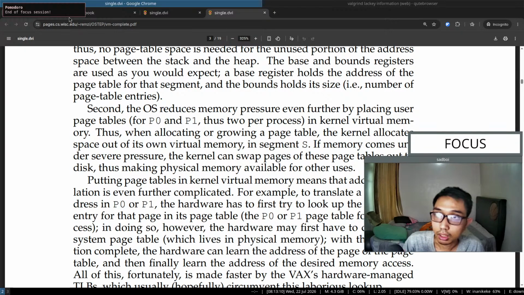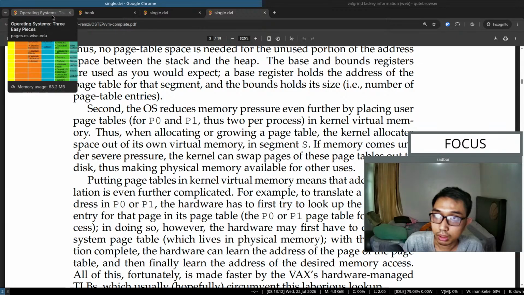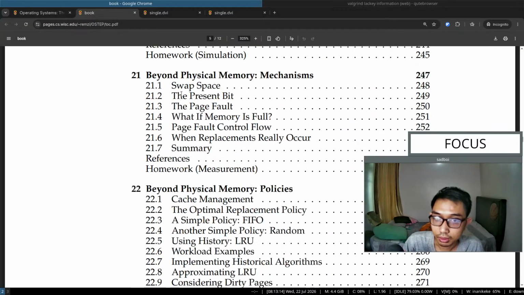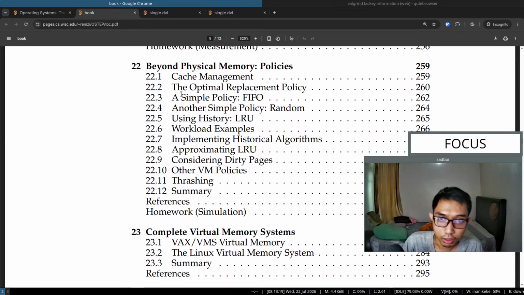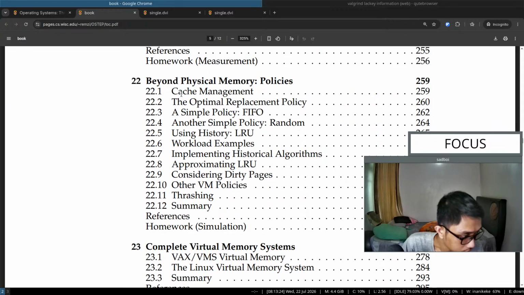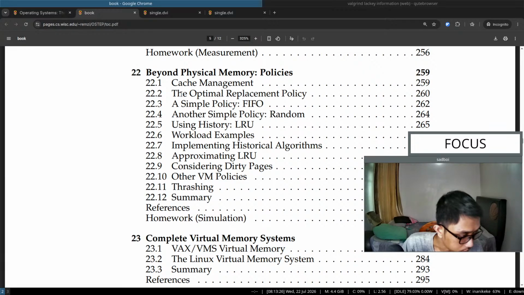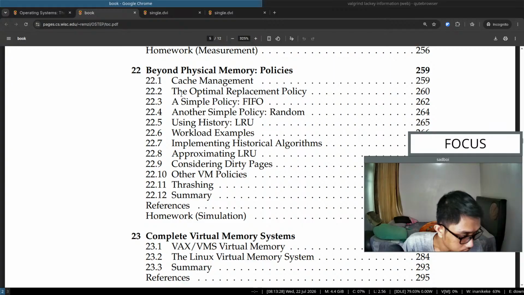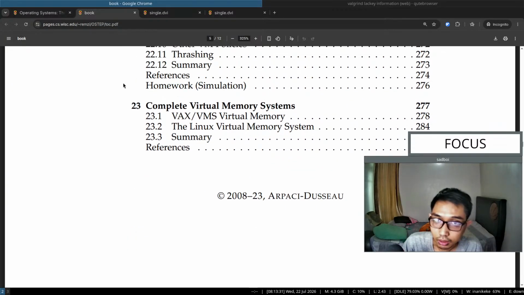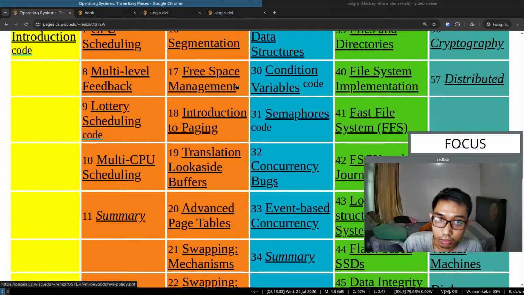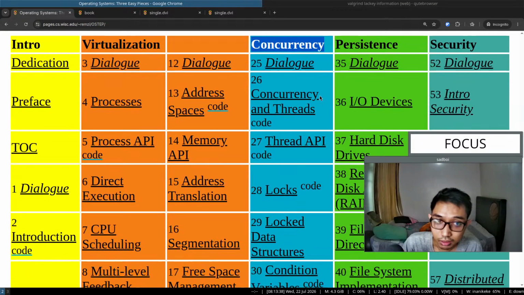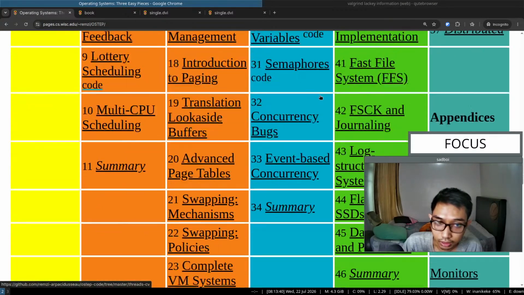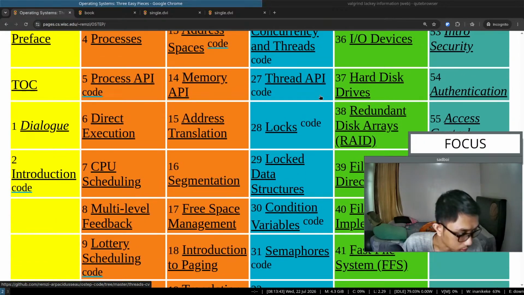We are currently only talking about the basic concept of virtual memory, and we haven't talked about channels yet. Maybe we will talk about that when we get to concurrency. Maybe. But I'm still not sure yet.